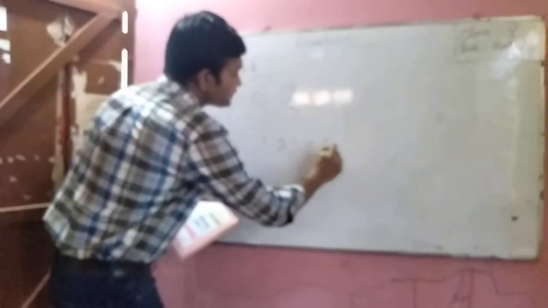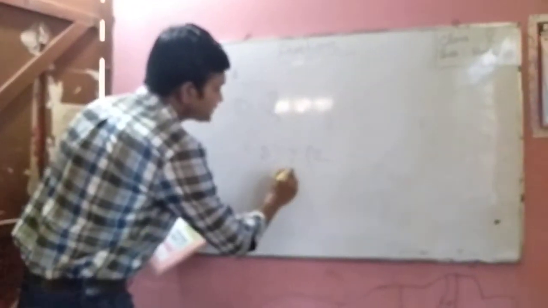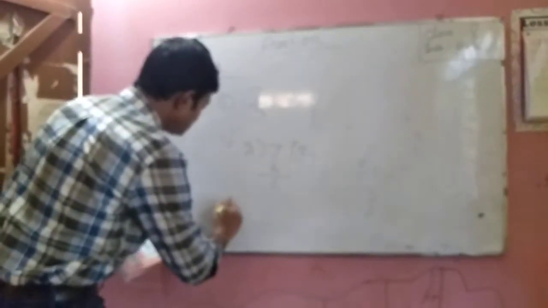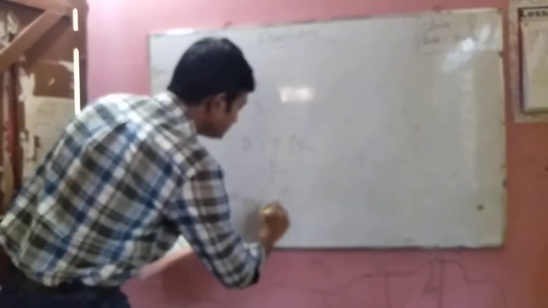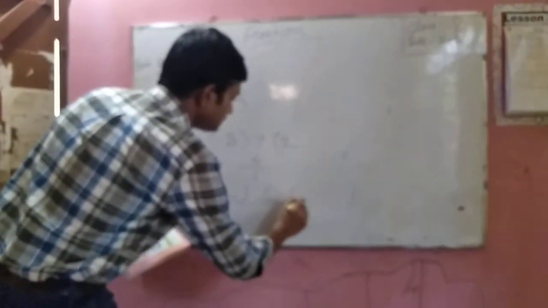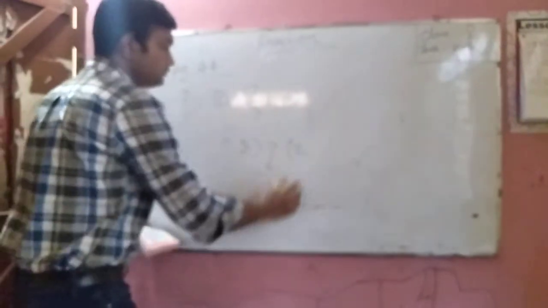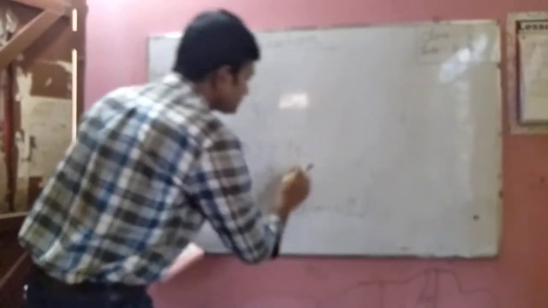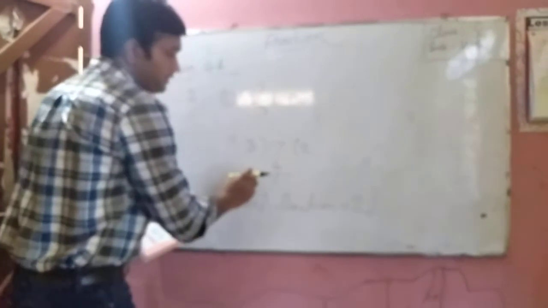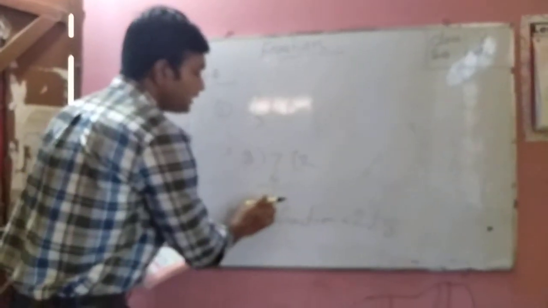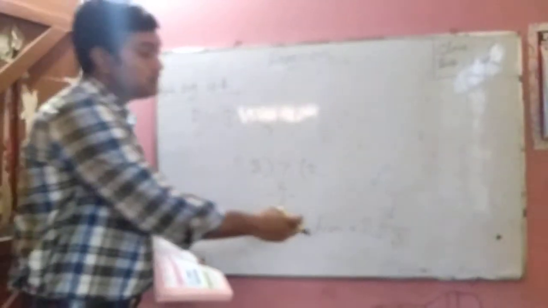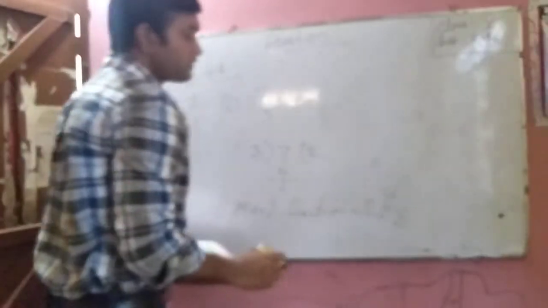You can see 2 threes are 6, remainder 1. So the mixed fraction equals, first we write the quotient 2, then the denominator will be the same 3, and the remainder will come as the numerator. Have you seen? 2 and 1 by 3 is the mixed fraction, right?